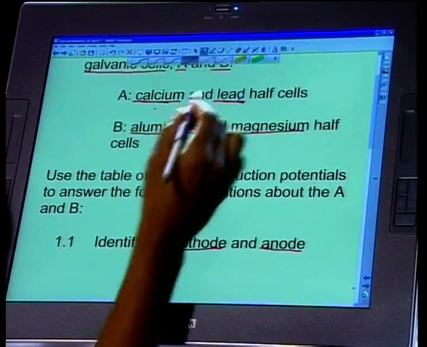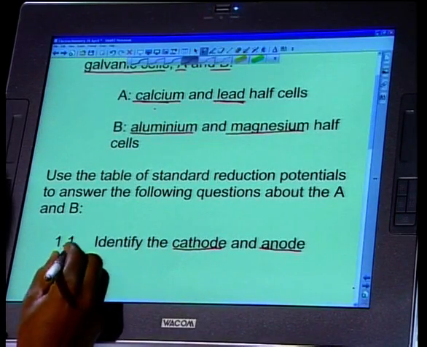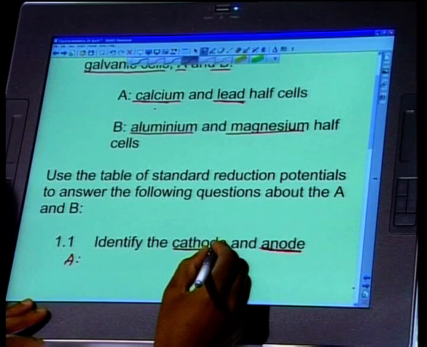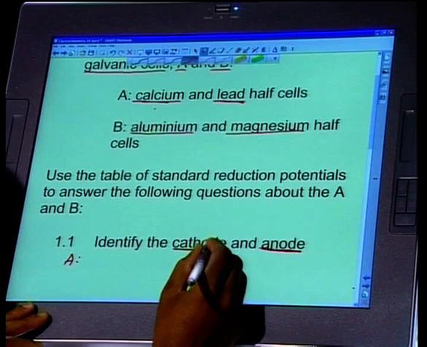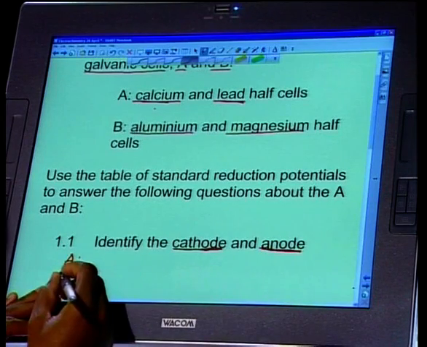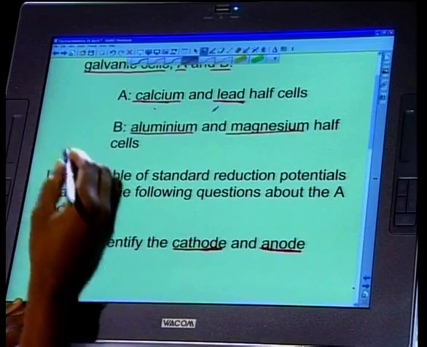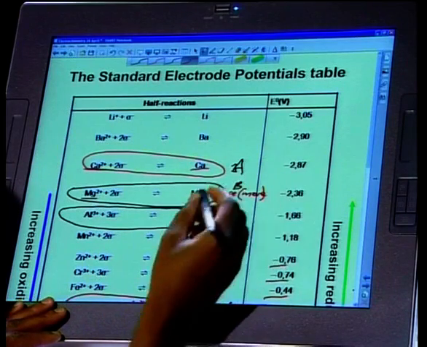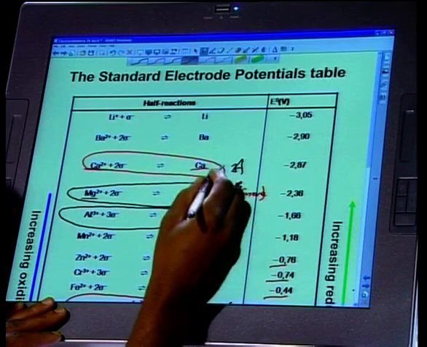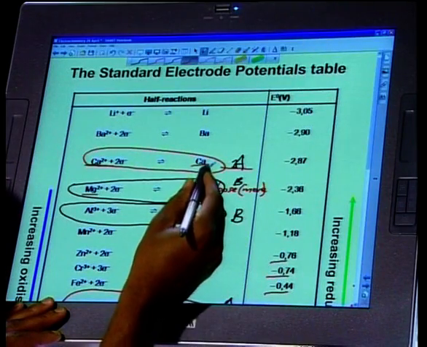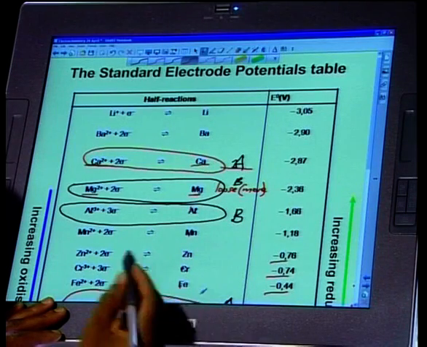Right, let's answer these questions. We have calcium and lead for A, and we have to identify the cathode and the anode. Remember, the cathode is the electrode where reduction happens, and the anode is the electrode where oxidation happens. So for A, we see from the table of standard electrode potentials that calcium here, remember this is increasing reducing ability, so calcium will be more able to reduce than lead when they are put together.